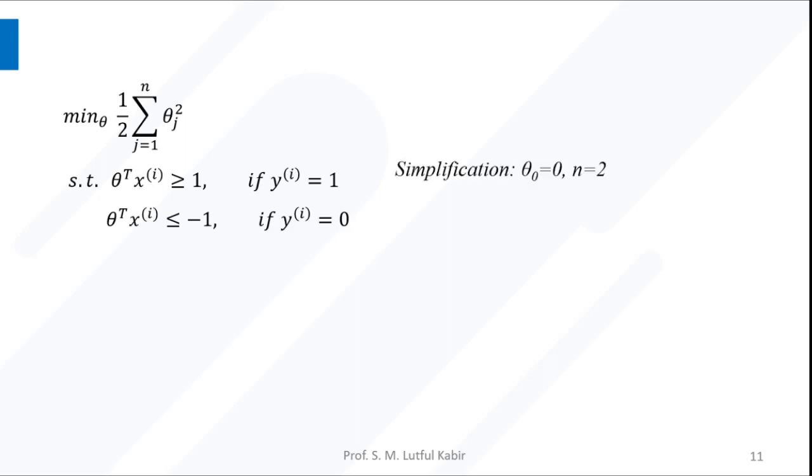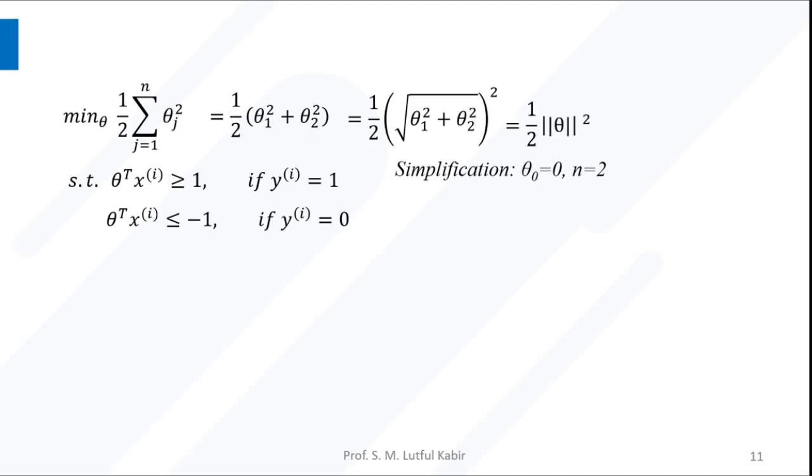Let us make some simplification where theta 0 is assumed to be 0. That means the intercept term is neglected, and the number of features n is equal to 2. This is expressed by half of theta 1 square plus theta 2 square, which again can be written as half of the square root of theta 1 square plus theta 2 square, whole squared, and this is nothing but half of the magnitude of theta squared.